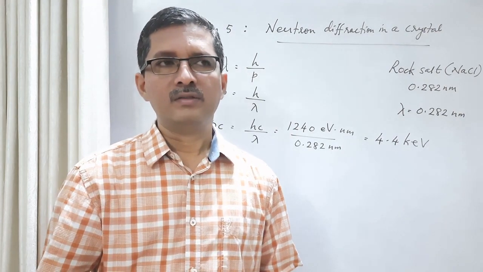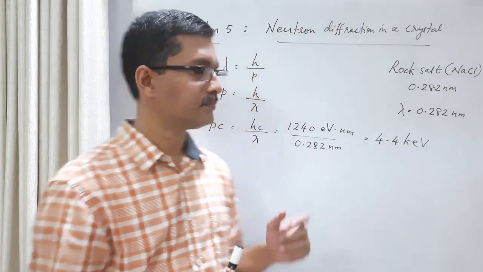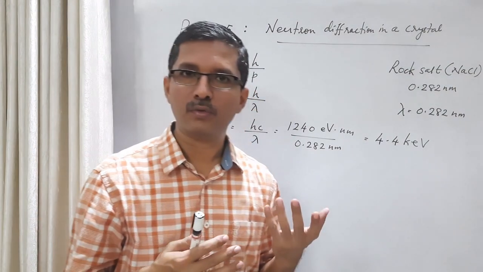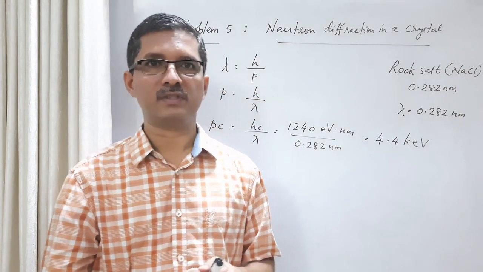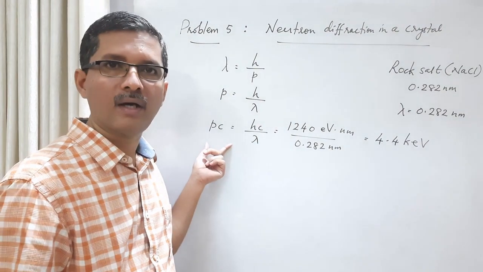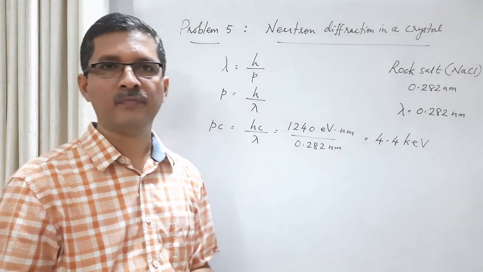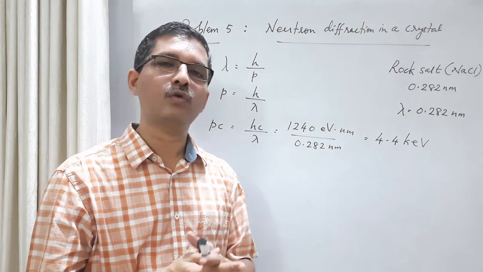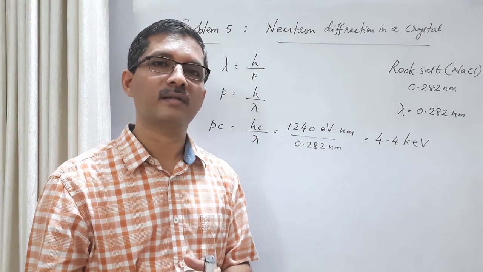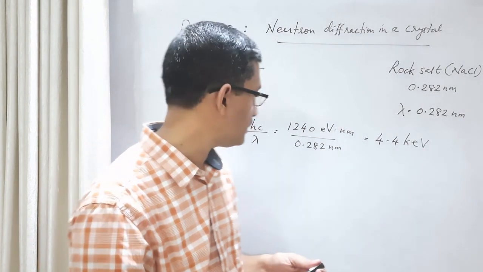So how do we determine from the value of momentum whether we should use relativistic or non-relativistic calculation? This is possible if we take one more step and calculate the value of pc. That is why I have calculated pc here. From the value of pc, how do we decide?